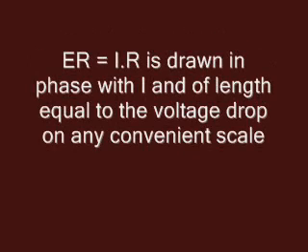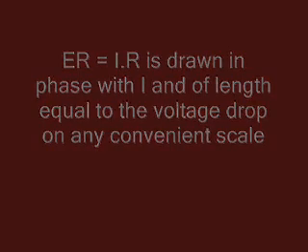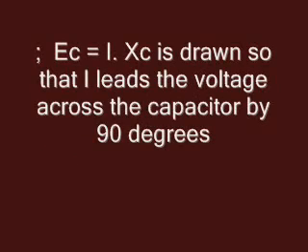ER equal to I into R is drawn in phase with the current and of length equal to the voltage drop on any convenient scale. EC equal to I into XC is drawn so that the current leads the voltage across the capacitor by 90 degrees.